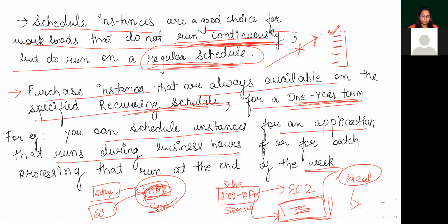Getting it? Regular schedule means it will be on the specific schedule that I set up, for example, 2 a.m. to 5 a.m. It will always be every day on this schedule. You can run your application or EC2 instance daily on this schedule.